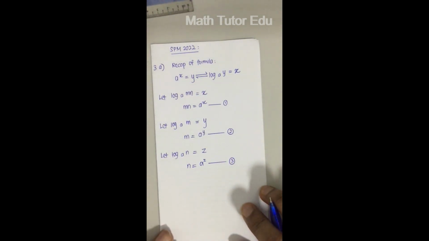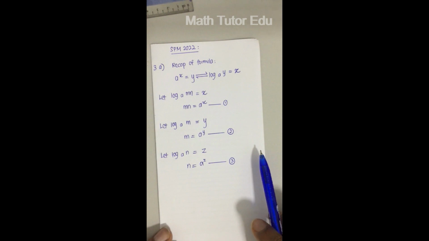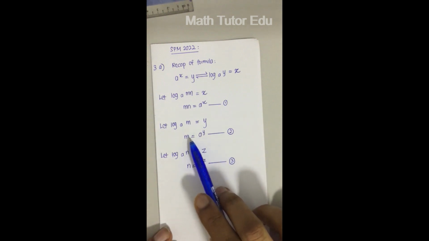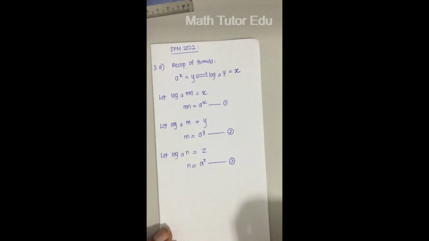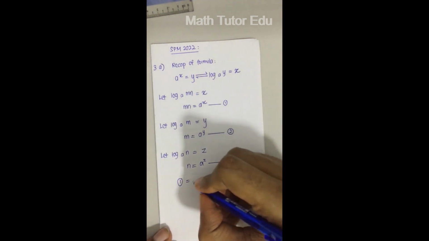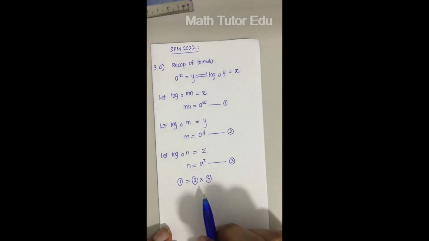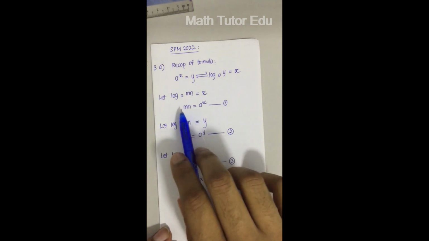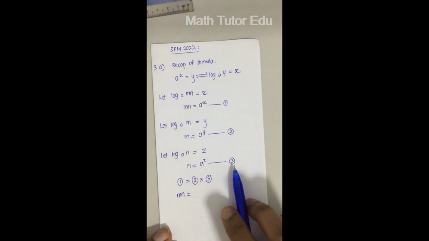Now we're going to equate mn and relate these two equations together. Equation 1 is equal to equation 2 times equation 3.